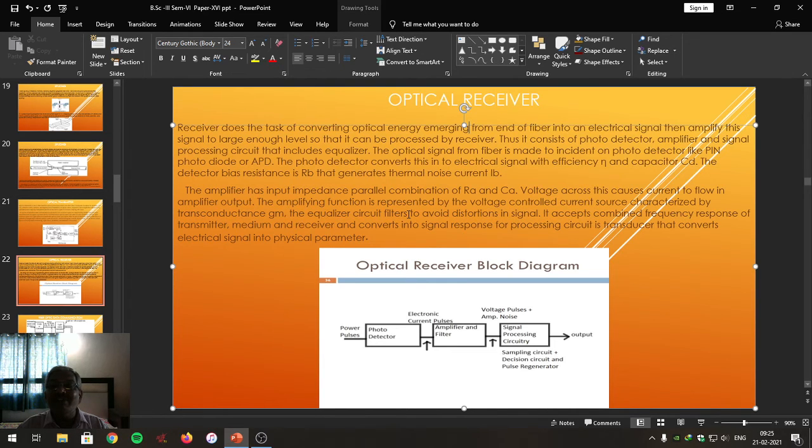The equalizer circuit filters to avoid distortions in the signal. It accepts the combined frequency response of the transmitter, medium and receiver. The combined frequency response of the transmitter, medium meaning the channel, and the receiver is converted into the signal response for the processing circuit. The processing circuit is a transducer that converts the electrical signal into the physical parameter.